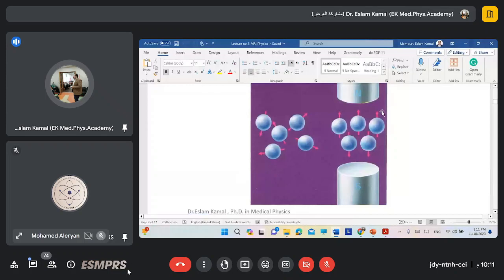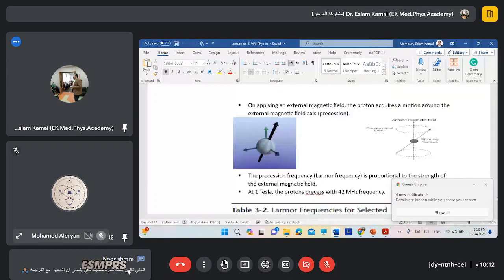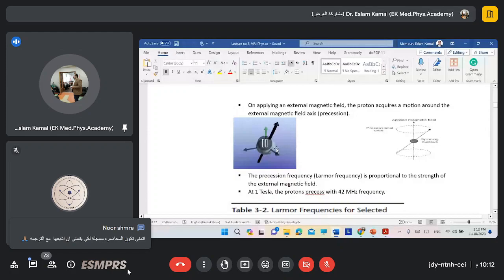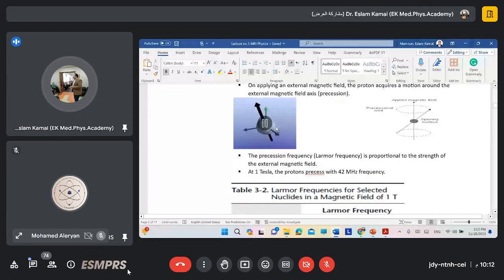After positioning the patient, the proton itself acquires a certain motion which is called precession motion. As you can see here, the protons spin around their own axis. At the same time, they precess around the external magnetic field axis.